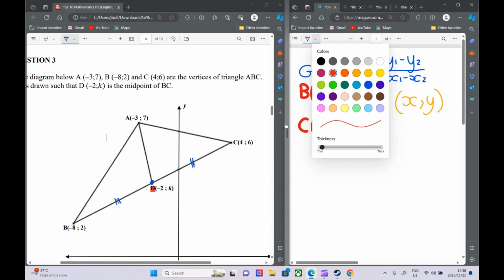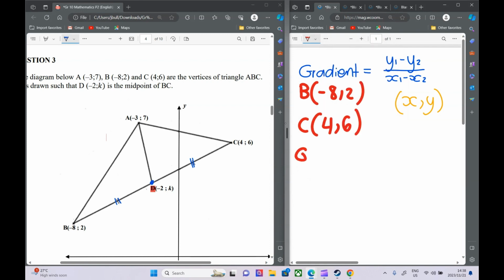Okay, let's just fill this in a bit. So gradient, we are going to say, whichever order you want, YB minus YC divided by, this is where the order is important. So if you did B first, you have to do B first again. Okay, we are just going to plug these values in then.